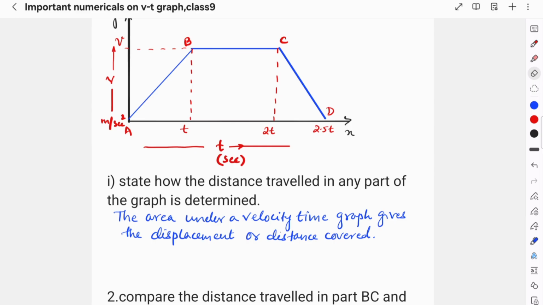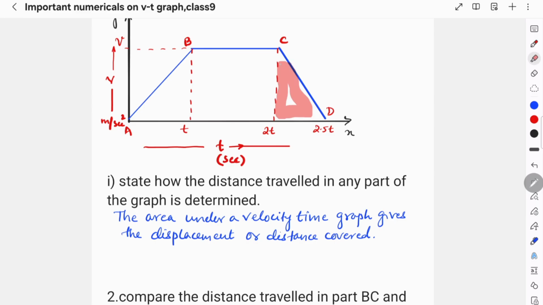If we want to know the distance traveled from B to C, then we have to calculate the area of this rectangle. So this area will give us the distance traveled from B to C. And from the point C to D, the area will give us the distance traveled after the brakes are applied.